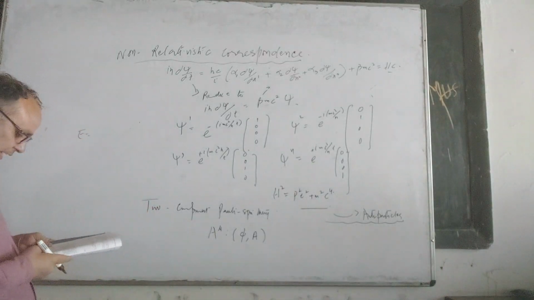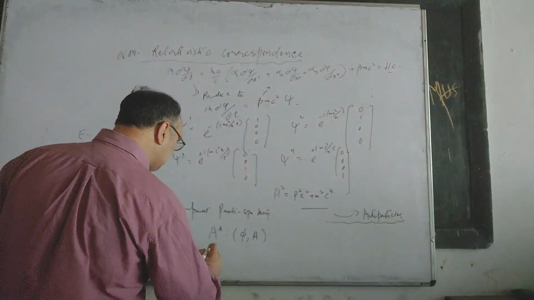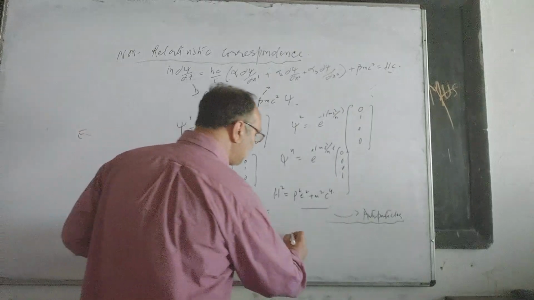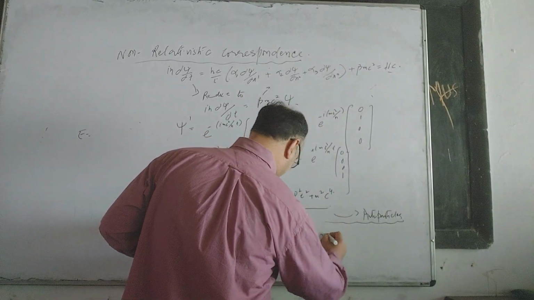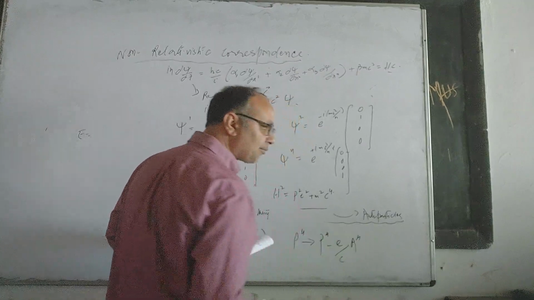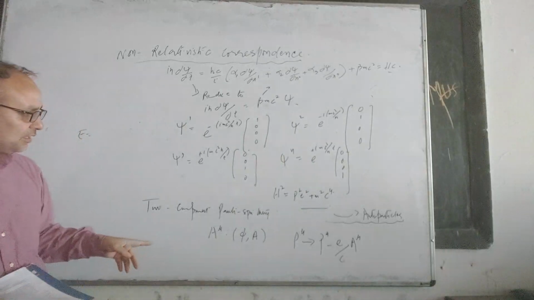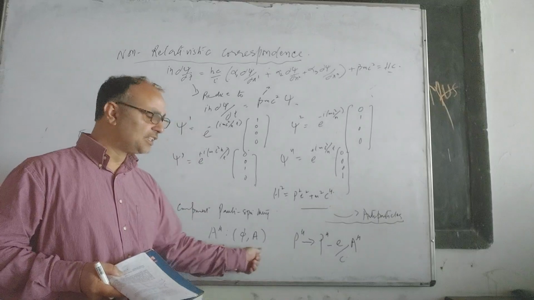So if we have A in this form, then with the gauge invariant substitution, the momentum p mu can also be modified as p mu minus q A mu. This is our definition of momentum in the presence of these gauges.